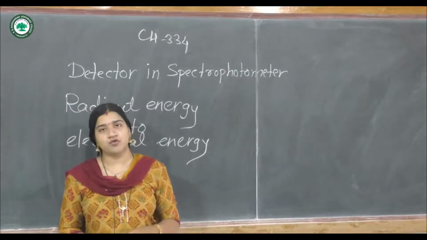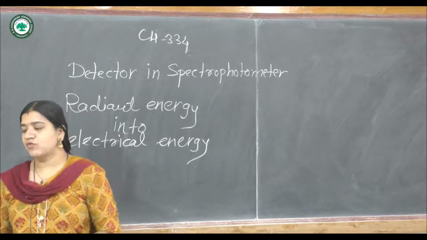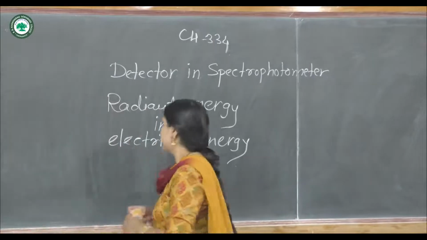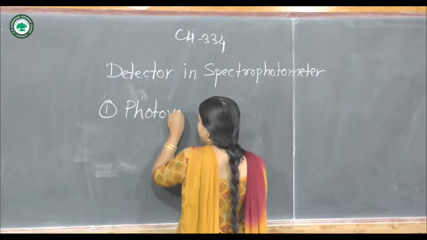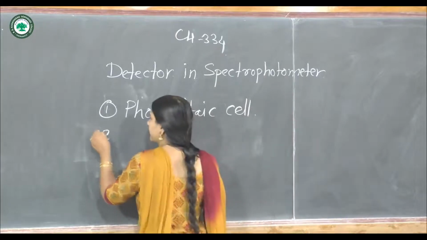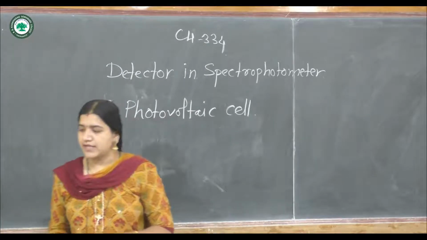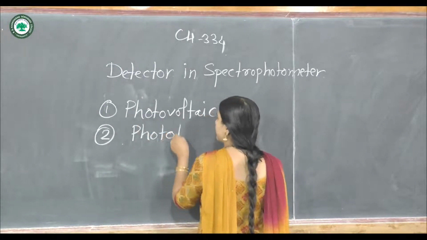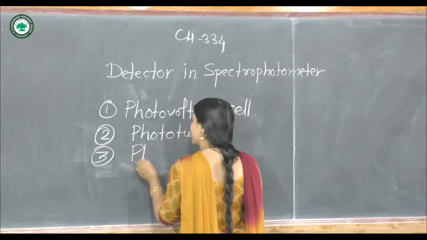The first one is the photovoltaic cell, the second one is the photoemissive tubes, or simply known as phototubes, and the third one is the photomultiplier tube.